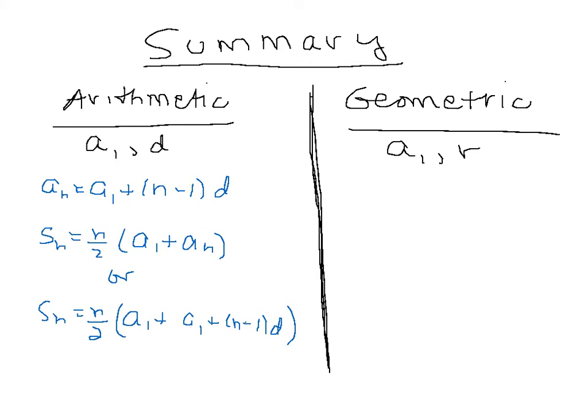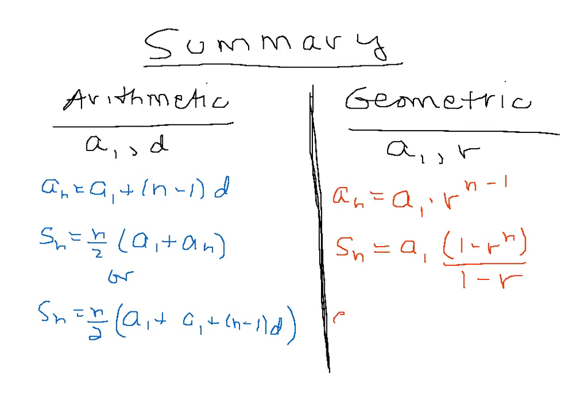In the geometric world, the nth term is equal to a sub 1 times r to the n minus 1, and the sum of the first n terms is equal to a sub 1 times 1 minus r to the n over 1 minus r, and finally the sum of an infinite number of terms will equal, as long as r is less than 1, just a sub 1 over 1 minus r.